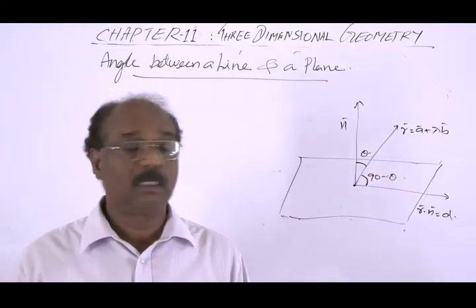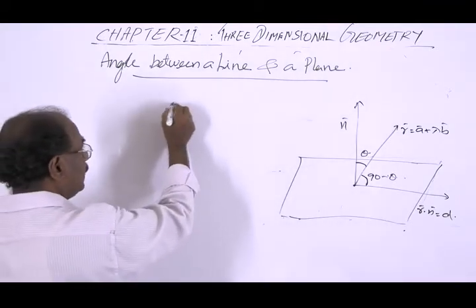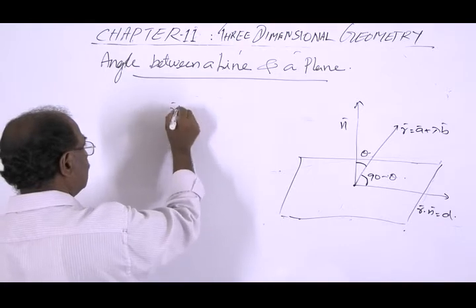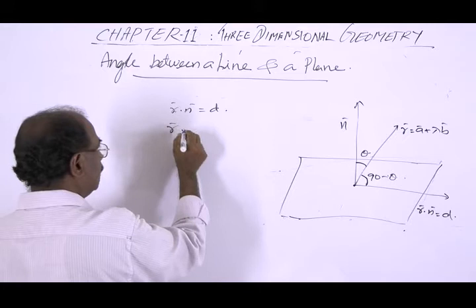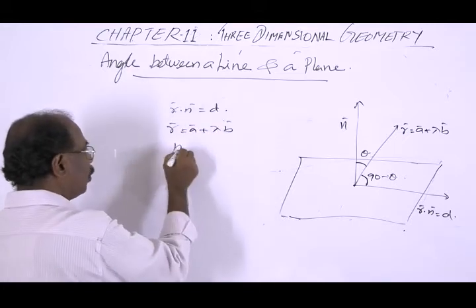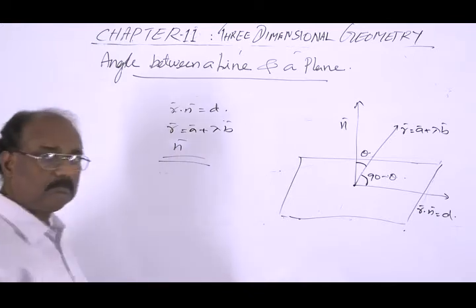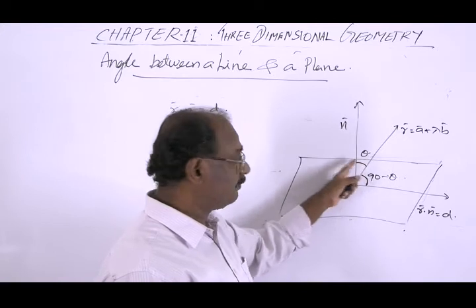And now consider this equation of the plane. That is the plane may be taken as R dot N is equal to D. Equation of the line R equal to A plus lambda B and the normal N. Then angle between the line and the normal we find.